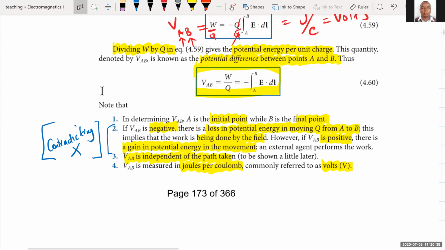Having said that, there are some points to note in determining V_AB. A is the initial point and B is the final point.